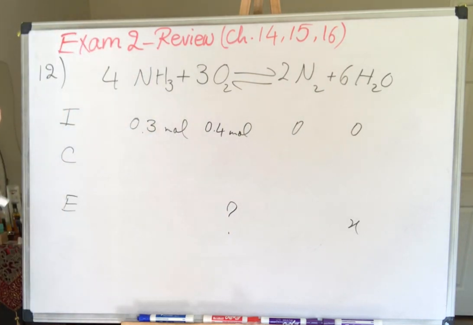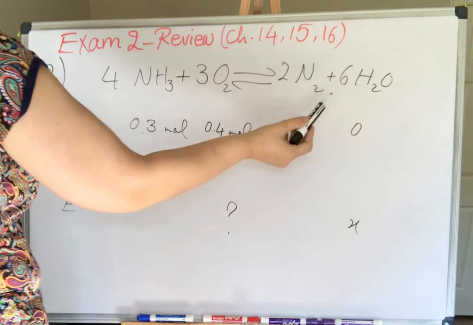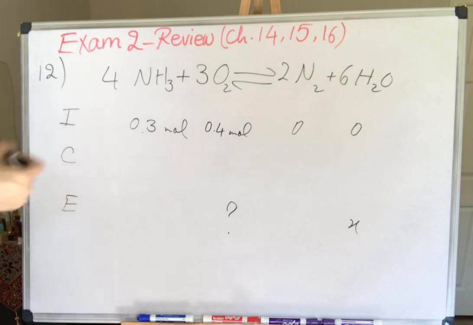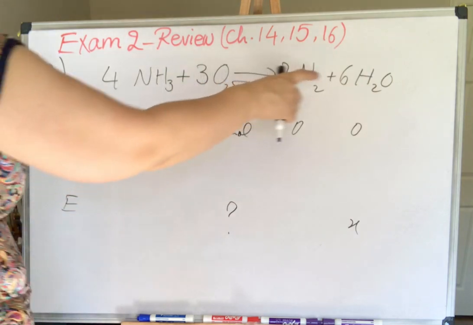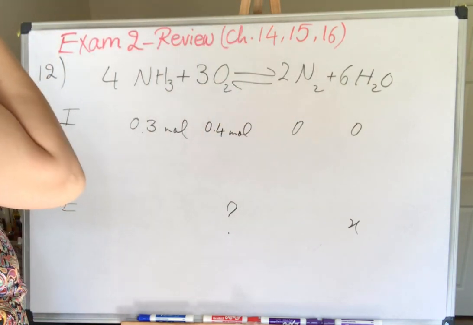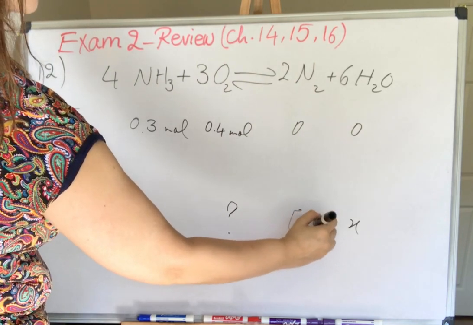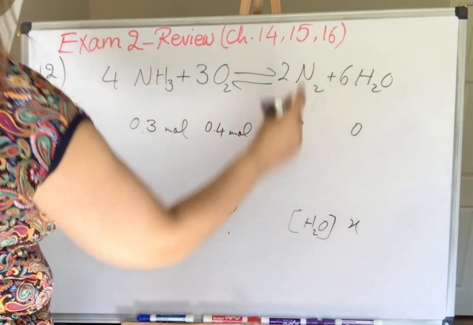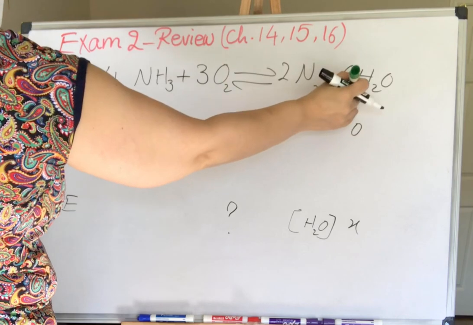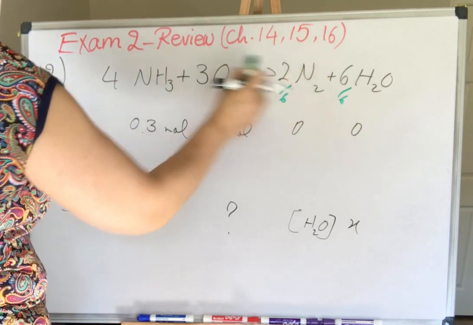In order to make it easier, my suggestion is to simplify it. Let's just have the concentration of H2O as X. So the coefficient is 6. Let's divide every coefficient by 6.